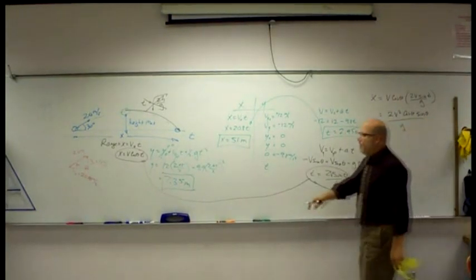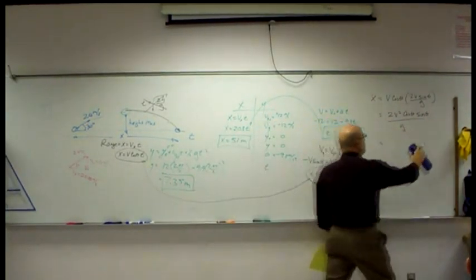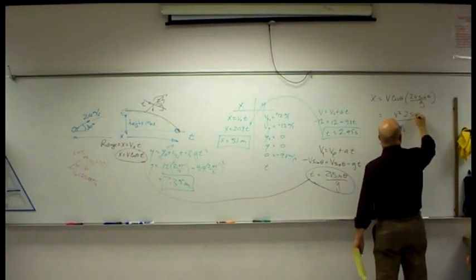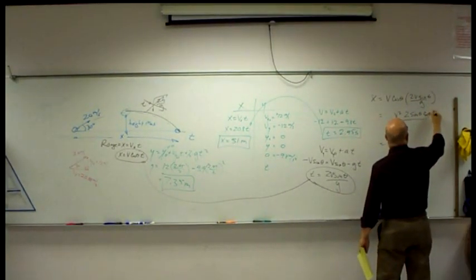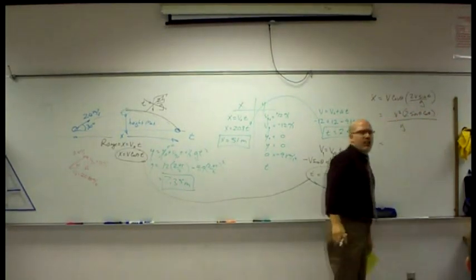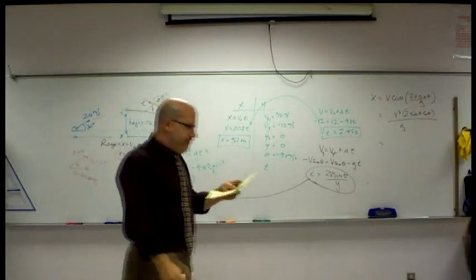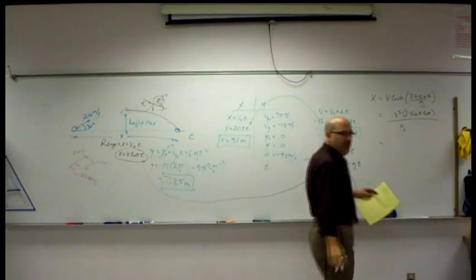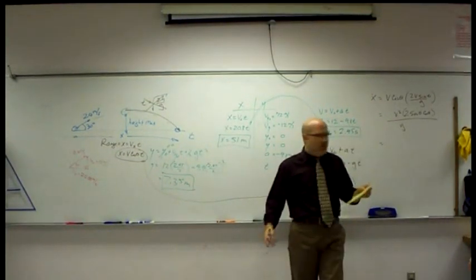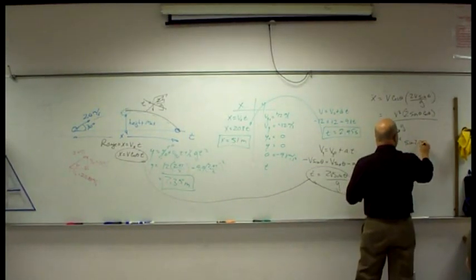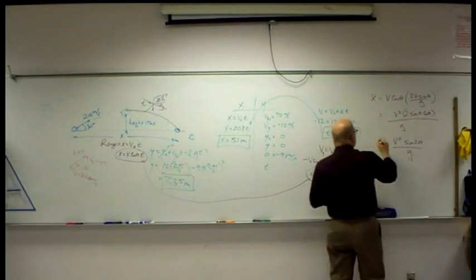You know what, I'm going to rewrite that a little bit different: 2 sine theta cosine theta. The reason why I'm writing it that way is 2 sine theta cosine theta means something. Oh, you remember. Because I never remembered that one. Sine 2 theta over g. Yay.